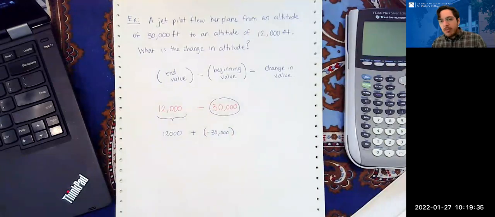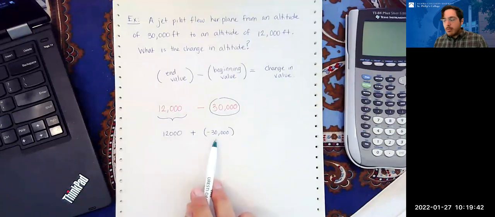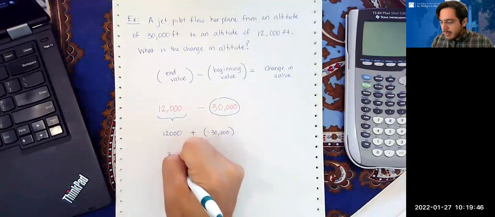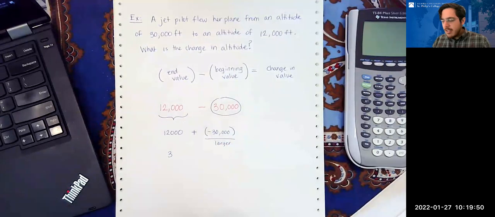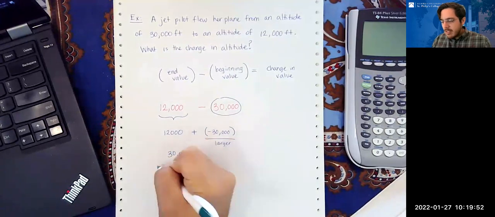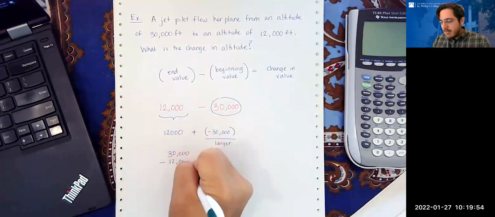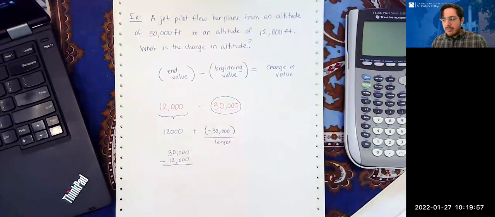And maybe this is already a little bit overly complicated, but when we add numbers with different signs, what do we do? Subtract. We take the larger number, larger absolute value, 30,000, subtract the 12,000, and then we keep the sign of the larger.